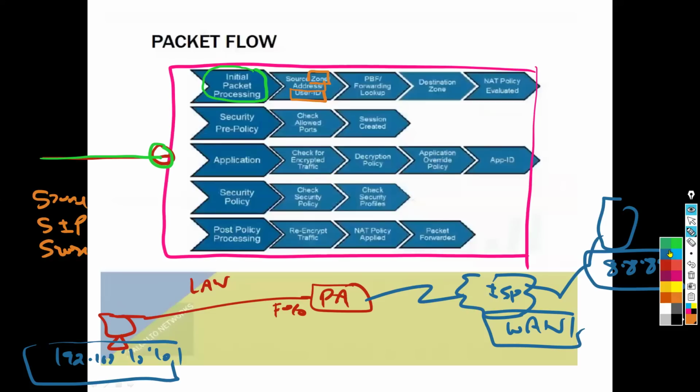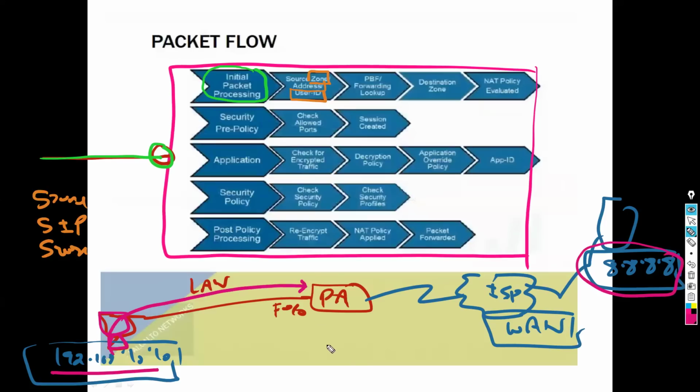So as per our task, I'm trying to initiate my traffic from this 192.168.10.10. This 10.10 is trying to communicate with 8.8.8.8. Then traffic will go and hit on this interface. When traffic hits the ingress interface, the firewall will do initial packet processing and check source zone, source IP, and source user.